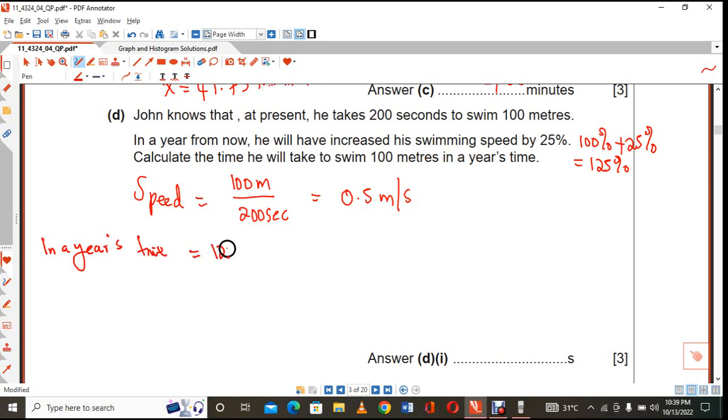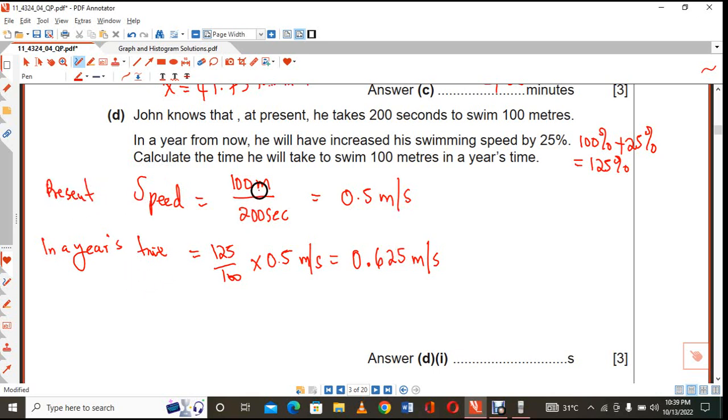It's going to be 125% of 0.5 meters per second. If you punch that in, his speed is going to be 0.625 meters per second, which is faster than what he has presently. So this one is the present speed.